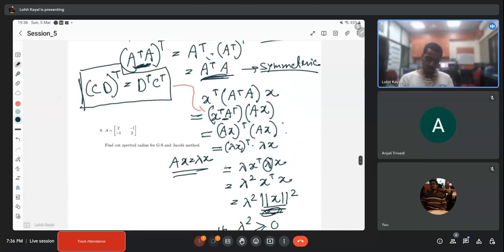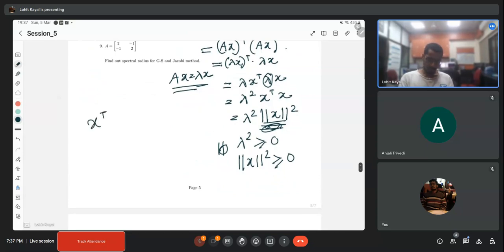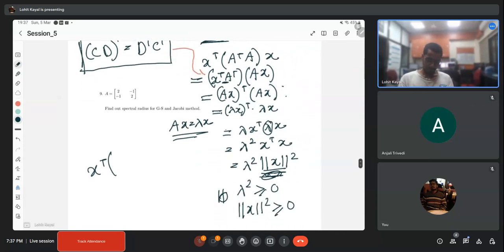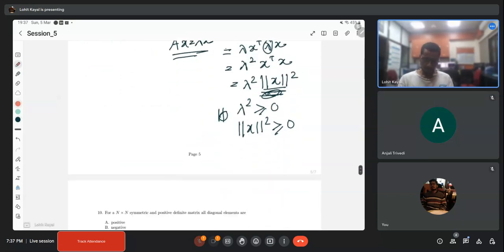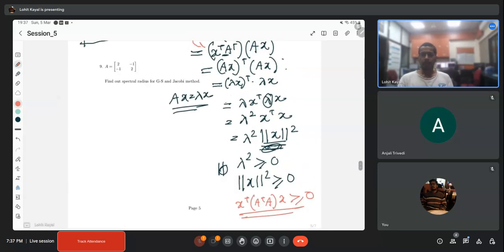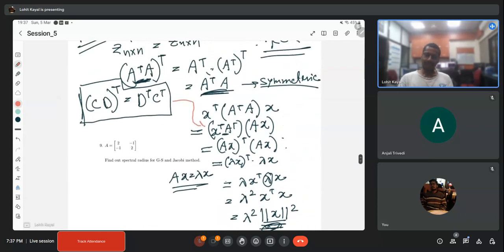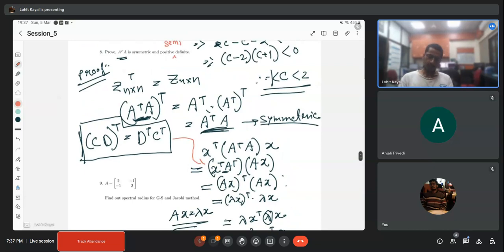So this whole term proves that x transpose A transpose A x is greater than or equal to 0. So this matrix A transpose A is symmetric and positive semi-definite.